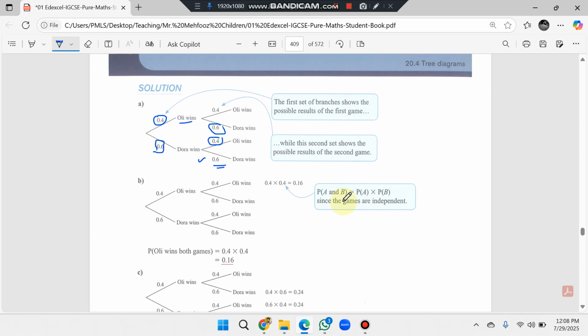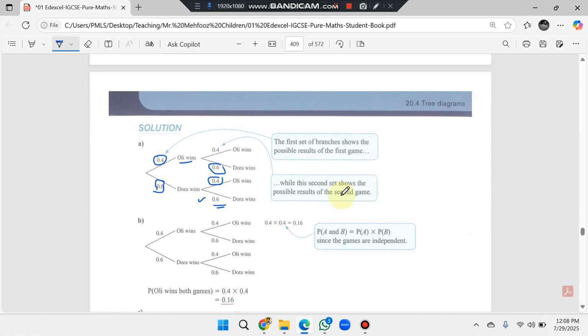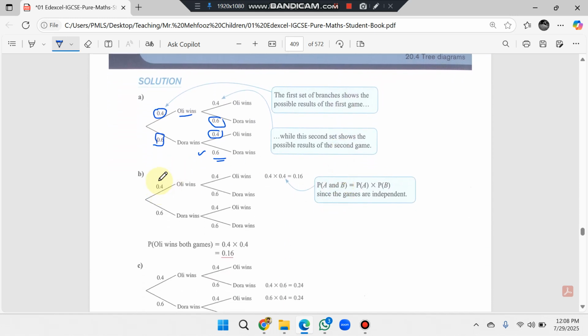Next is part B. We have to work out the probability that Ollie wins both games. Here you can see the probability that Ollie wins is 0.4, and in the second game Ollie wins with probability also 0.4. They are independent events, because one game's outcome does not affect the outcome of the second game.